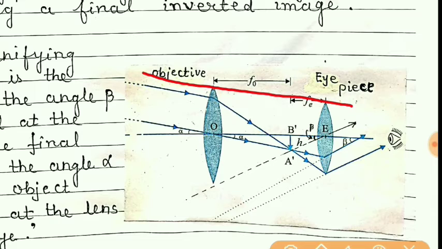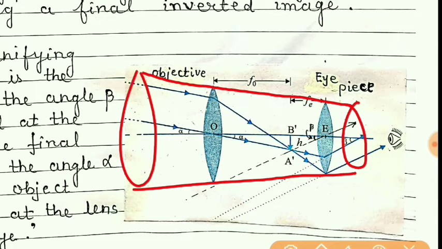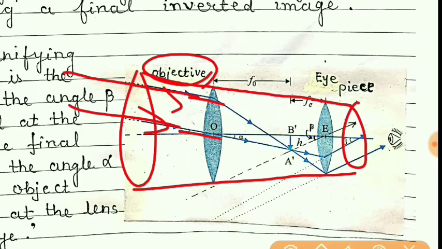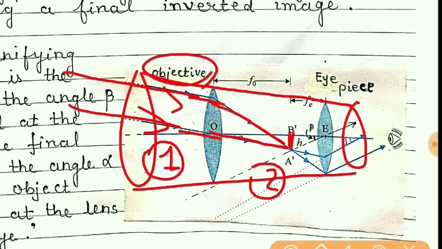The tube is like this. And so the rays coming from the objects are refracted through this objective lens and an image is formed at the second focal point of this eyepiece, because the first focal point is towards this left side, and so this is the second focal point of the eyepiece.